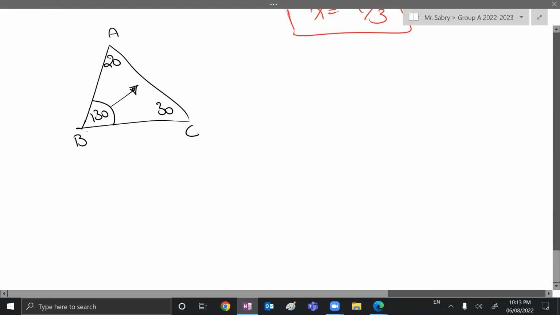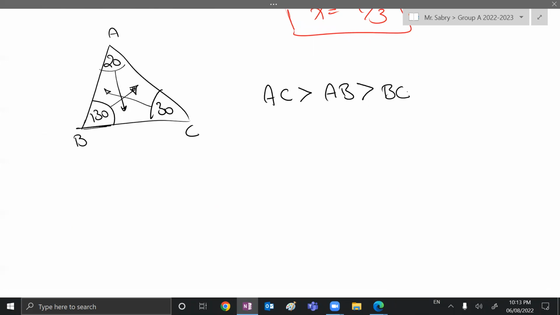Since this is the biggest angle, the 130, the side in front of it, which is AC, must be the biggest side. The next one is AB. And then the smallest side would be the one in front of the smallest angle, which is BC. The same idea works the other way around: if I know the measures of the sides, I can order the angles from biggest to smallest using the same theory. Does this part make sense as well?